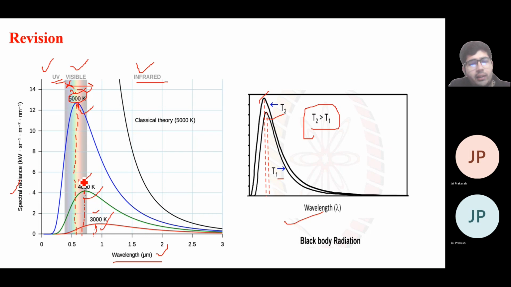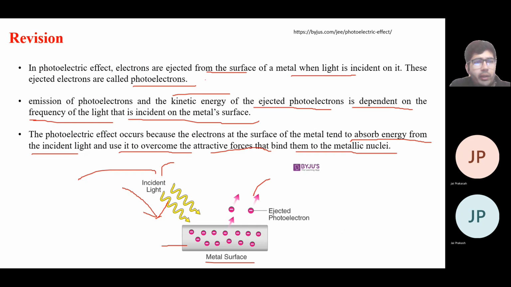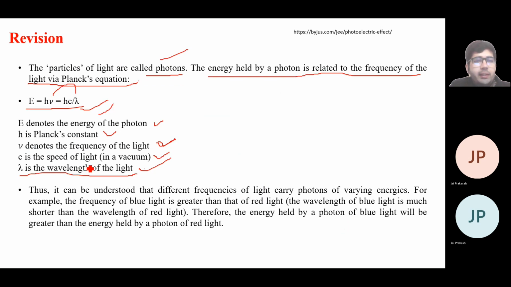So wavelength is directly connected to the spectral radiance or energy. We have a spectrum of various electromagnetic waves with different wavelengths and different frequencies. Every frequency is associated with a particular wavelength, and that wavelength is associated with a particular energy intensity.